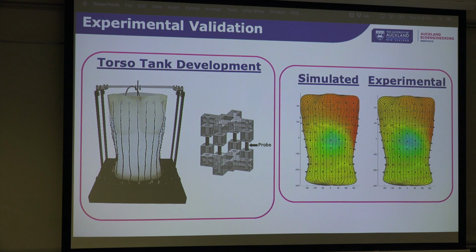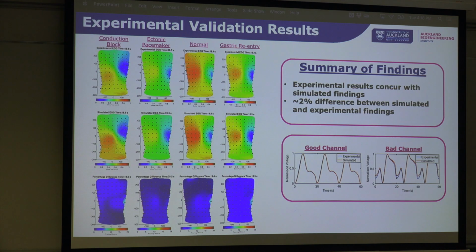So a video obviously doesn't tell the full story, and so what we did was we produced this figure here. So you've got all the different cases. You've got conduction block, ectopic pacemaker, normal, and gastric re-entry. And then on the bottom row, you can see the percentage difference between the experimental and the simulated cases. The findings were about a 2% difference between experimental and simulated results.